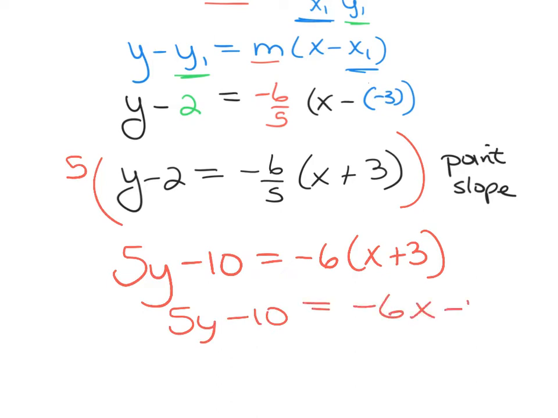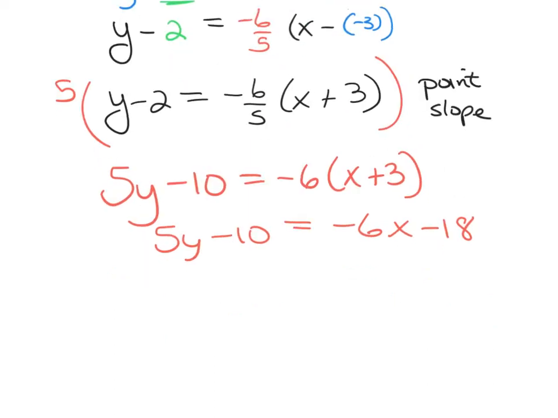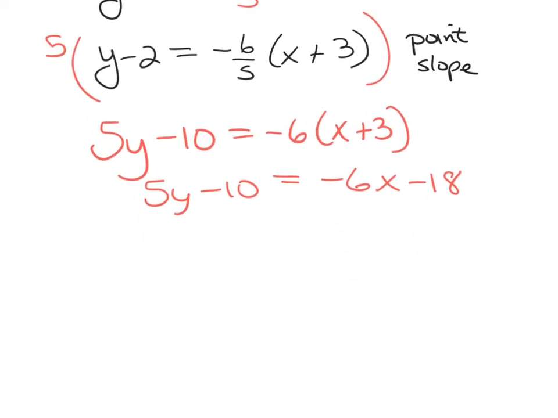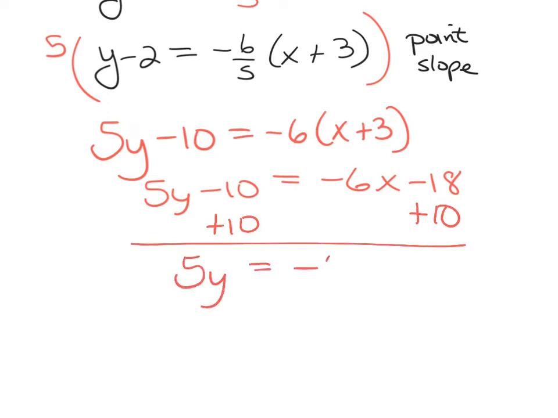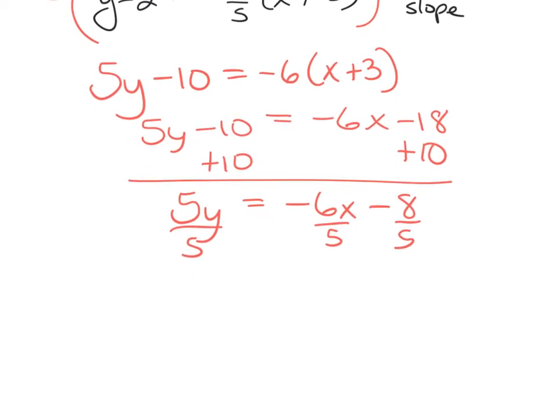Negative 6x minus 18. I need to isolate y, so I'm going to add 10. 5y equals negative 6x minus 8, divide by 5. Remember to divide all three pieces, so this becomes y equals negative 6 over 5x minus 8/5.